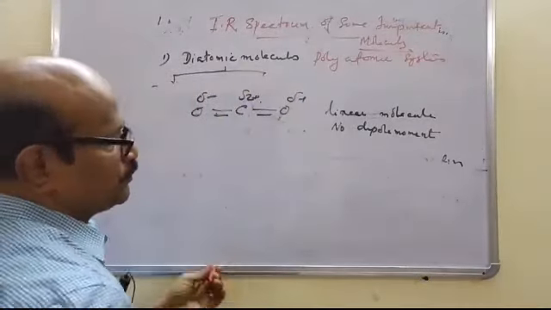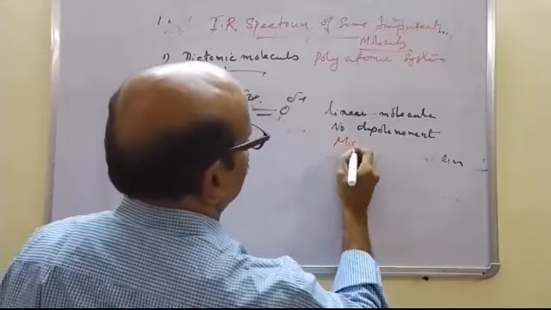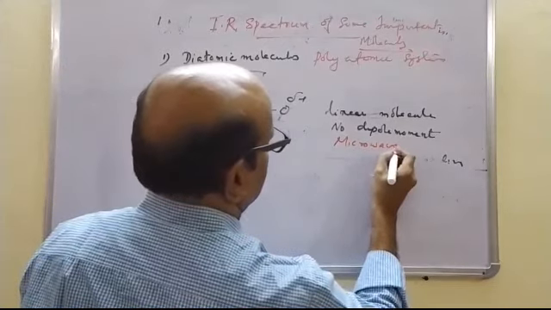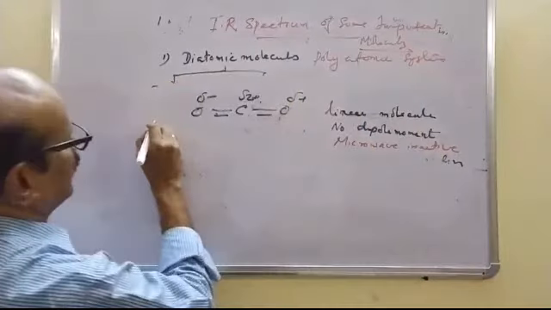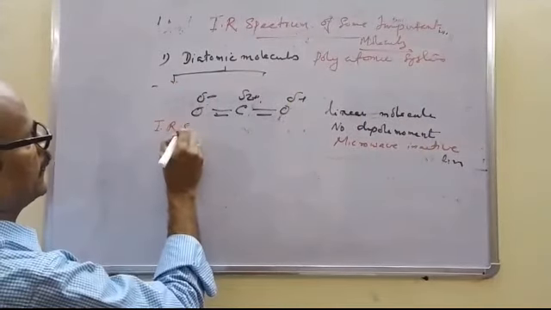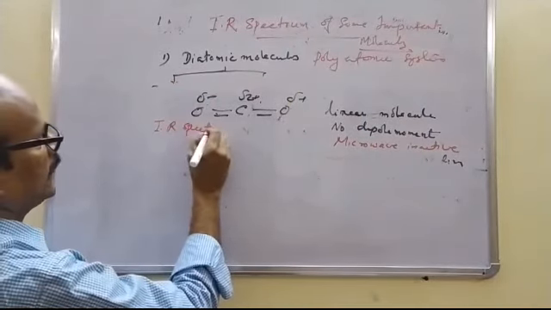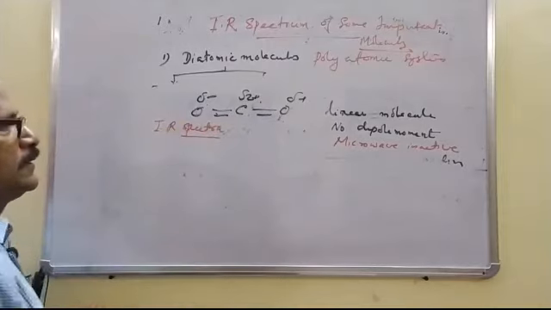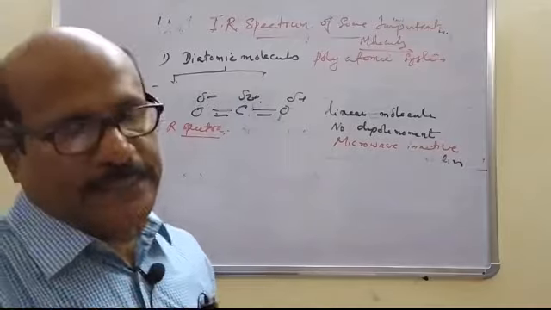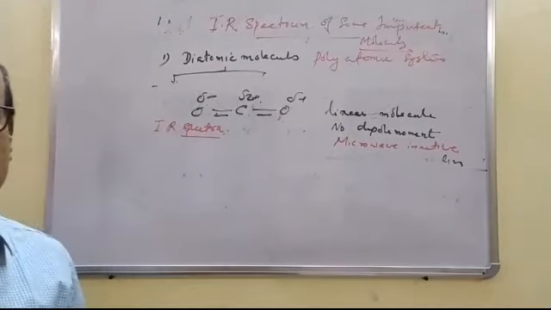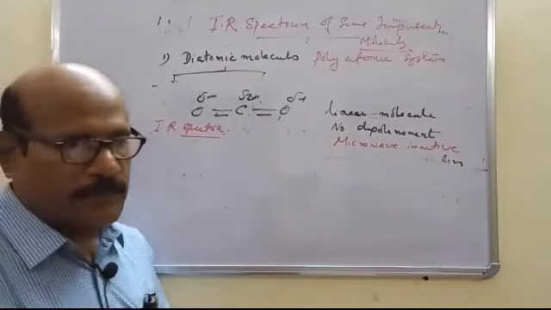Hence, microwave inactive. ഇനി നമ്മുടെ IRലേക്കാണ്. IR സ്പെക്ട്രയാണ് നമ്മൾ പഠിക്കാൻ ഉദ്ദേശിക്കുന്നത്. In the case of IR spectra, how many modes of vibration are possible? Again, I have come to that, the number of normal modes of vibration or fundamental vibrations.